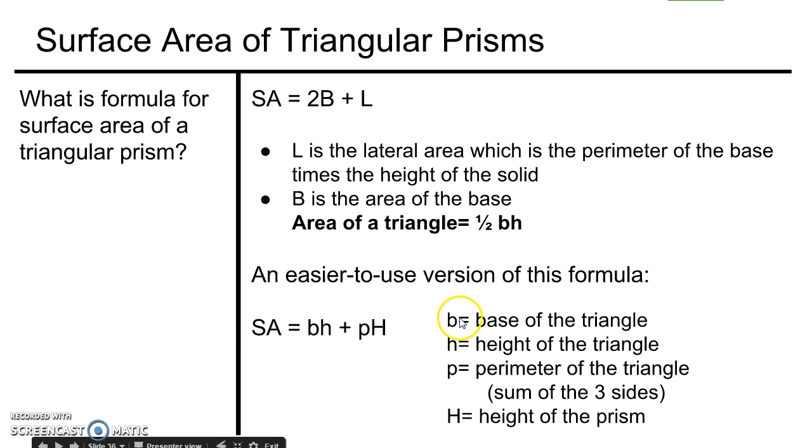BH, base and height of the triangle, we multiply, plus perimeter of the triangle times the height of the prism. This is a little bit tricky. I would strongly encourage you to write this down so that you have that in your notes to help you. Base times height of the triangle plus perimeter of the triangle, add up the 3 sides of the triangle, times the height of the prism.